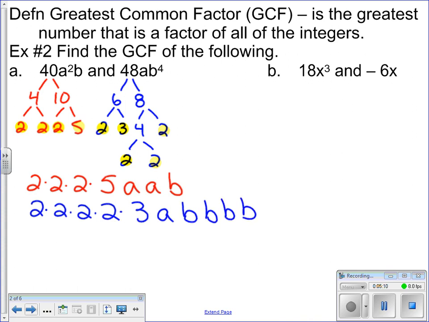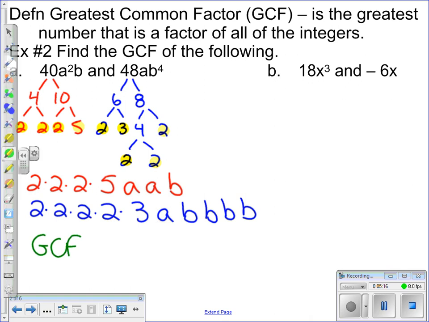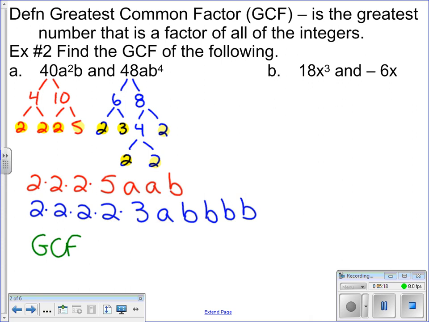Now, the greatest common factor is a combination of what's in both of these. So we have one set of 2s, another set of 2s, a third set of 2s, a set of A's, and a set of B's.